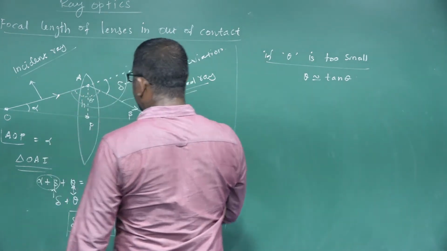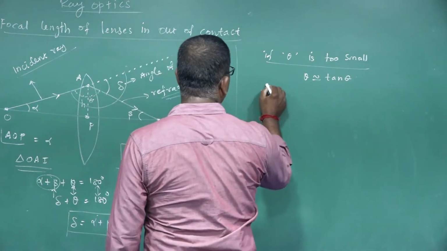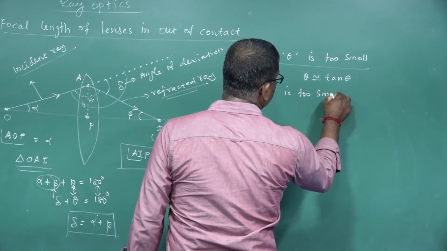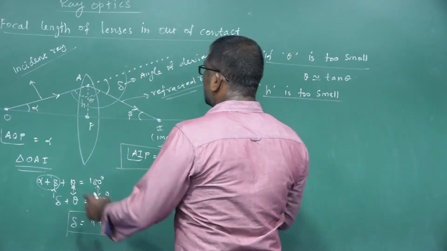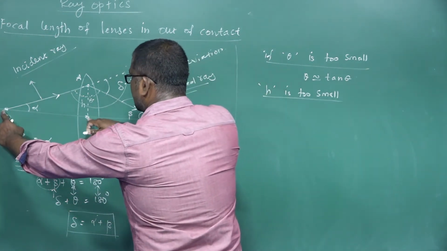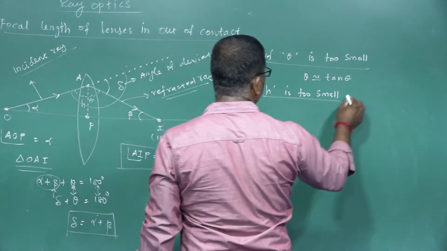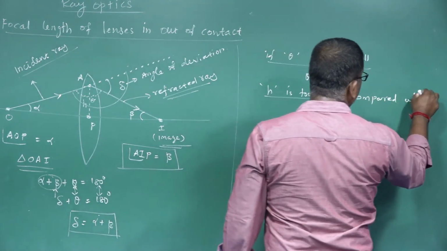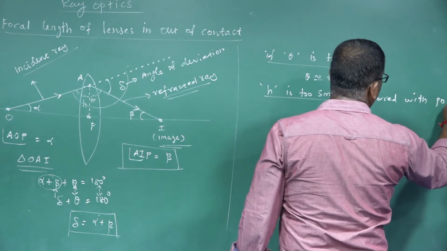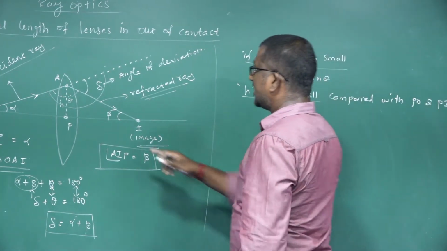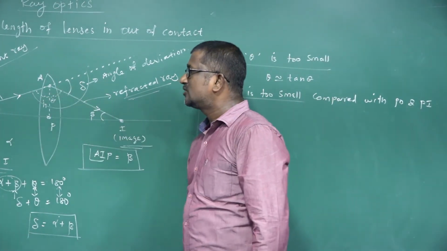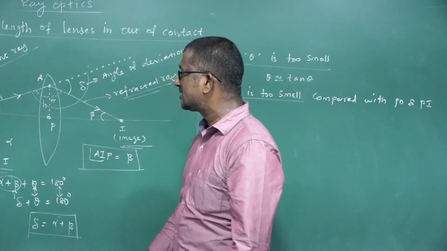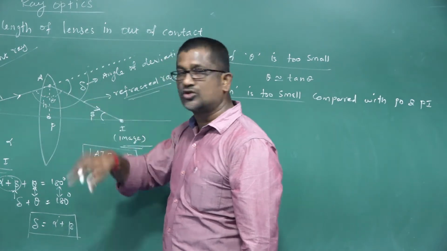Right? In this diagram, the height h is too small when we compare it to the lengths PO and PI. If height h is small, then these three angles are also small.